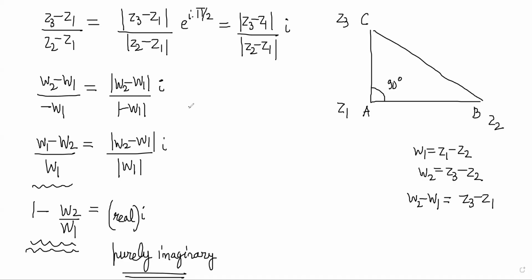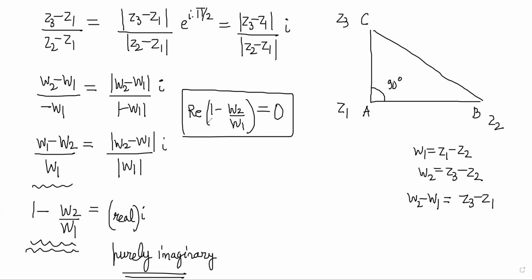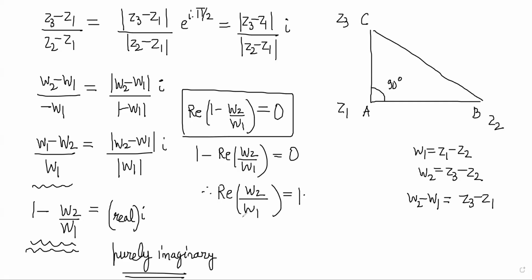So we can say that the real part of 1 minus W2 by W1 is equal to 0 because it is purely imaginary. So the real part of this is 1 minus real part of W2 by W1, and that will be equal to 0. So therefore we get real part of W2 by W1 is equal to 1.